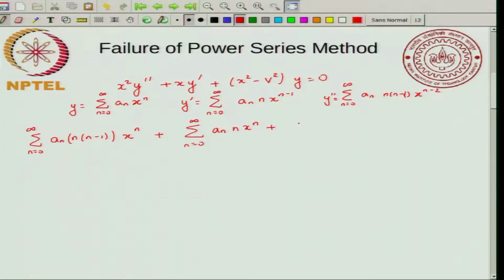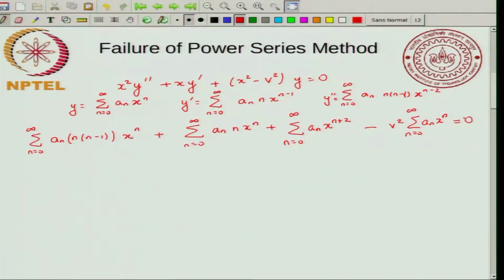The first term will be sum over n equal to 0 to infinity a n x raised to n plus 2, and minus v square sum over n equal to 0 to infinity a n x raised to n, is equal to 0.